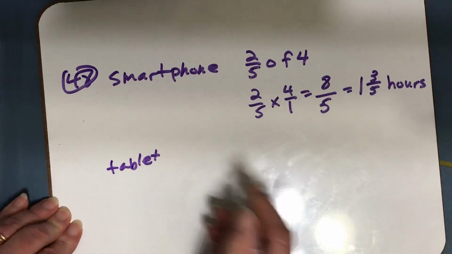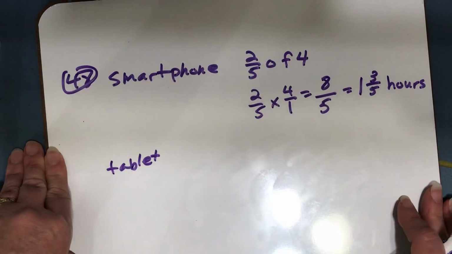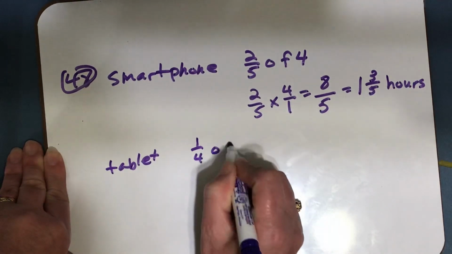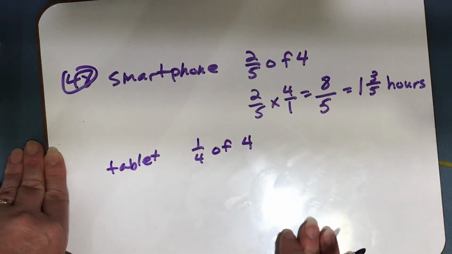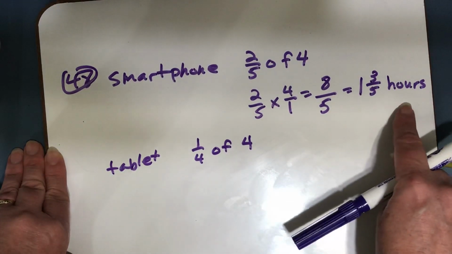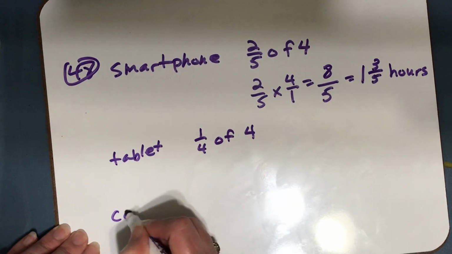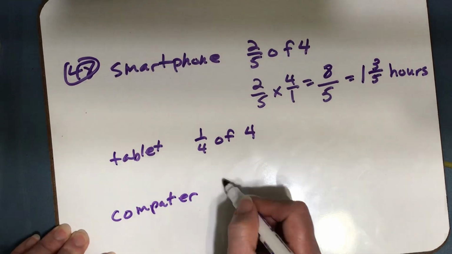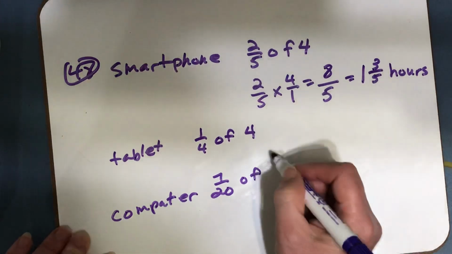All right, the tablet, the college student uses it 1/4 of the time. Remember, the time is 4 hours. So 1/4 of 4. So you'll need to figure that out, what 1/4 of 4 is. Remember, your answer is in hours. And then the computer is 7/20. 7/20 of the 4 hours.